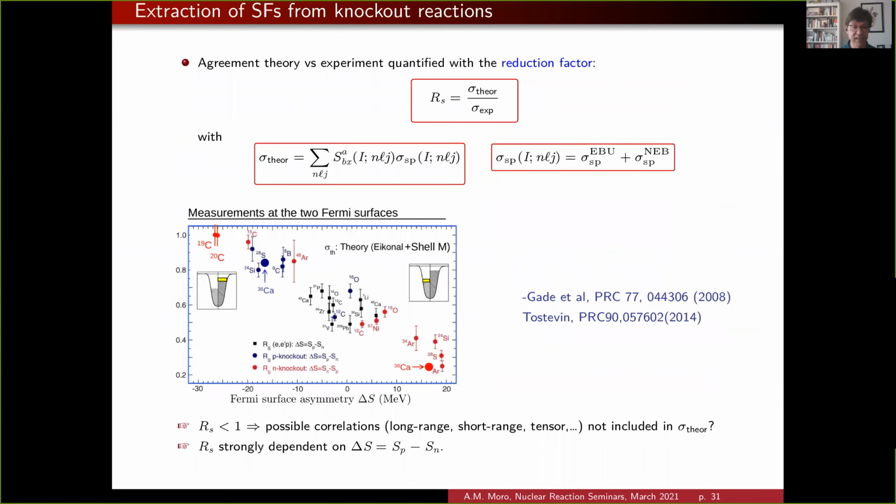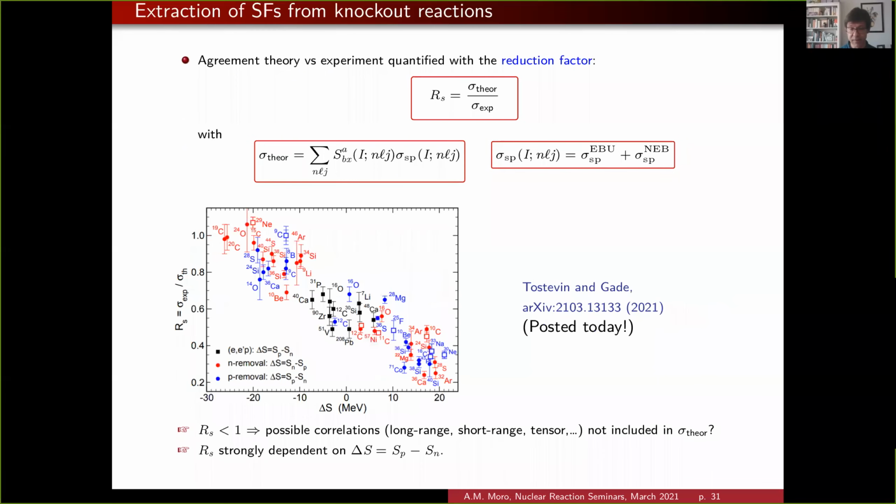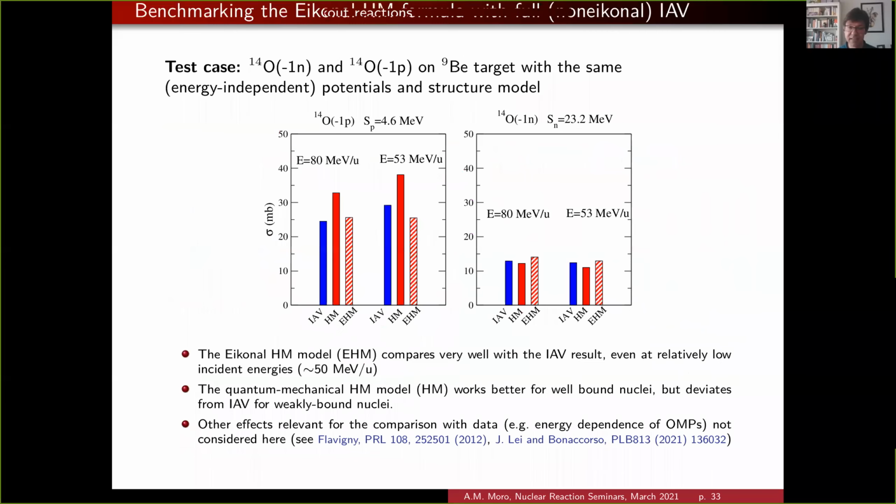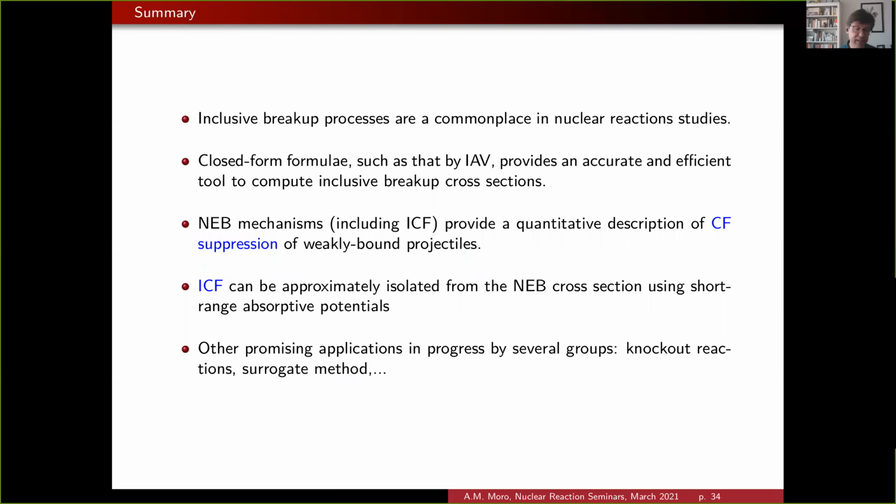I just go to the conclusions. So I hope I have convinced you that inclusive breakup is an interesting problem. It's a problem that appears in many applications, and it's a difficult problem to address, but with the assistance of these closed form theories, like the one by Ichimura, Austin, and Vincent, we have an efficient and accurate way of computing these inclusive breakup cross sections.